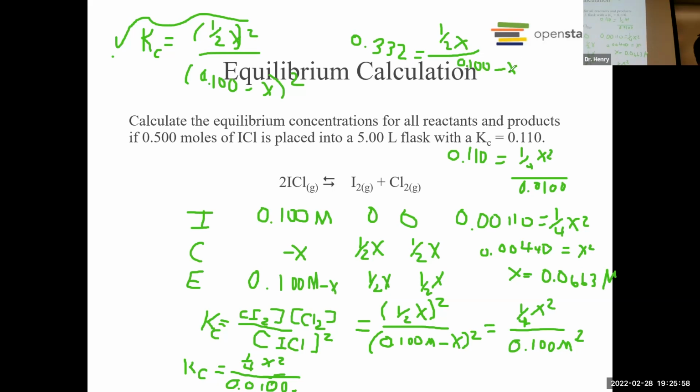Then I multiply both sides by the number in the denominator. So I'll get 0.332 times 0.10, and we solve for x, equals 1/2 x.